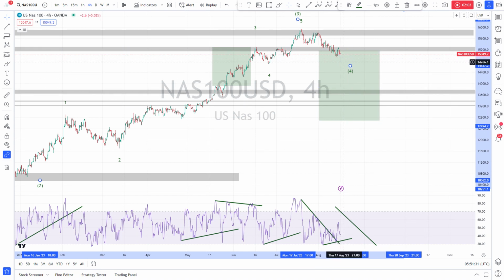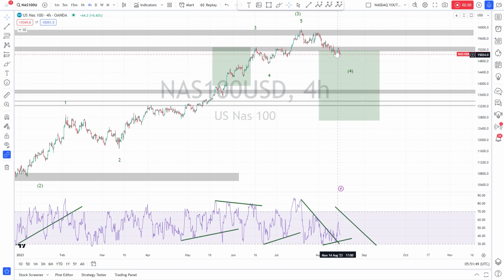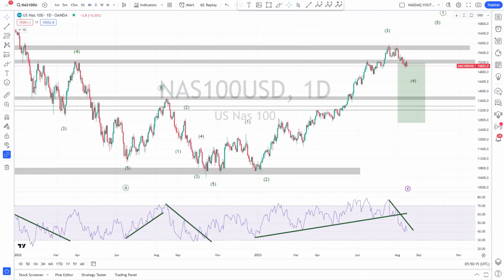If we get a deeper correction, I would expect that we soon finish here, that we get some rally to the upside, that the rally fails, and that we go down again in 3, 1, 2, 3 down deeper into this area. But for now, I think this part of the correction or the full correction might be finished soon.